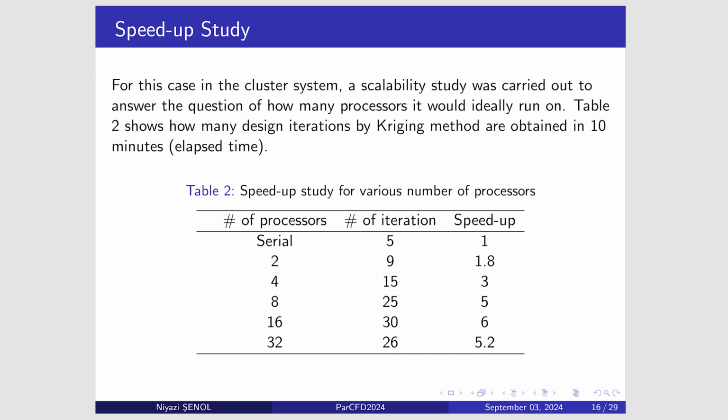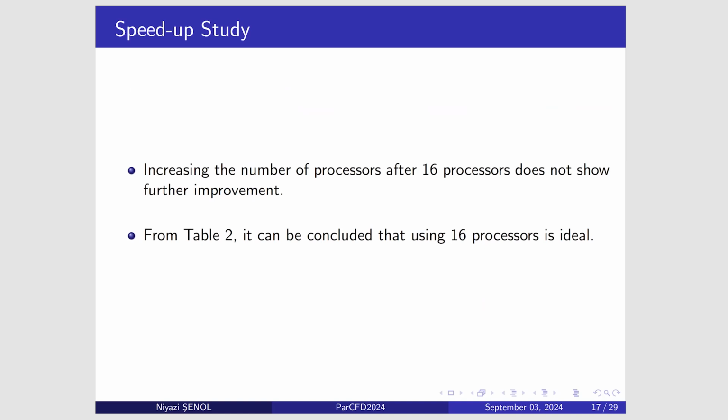We tried different processor numbers and compared the number of iterations. For the speed up, we selected 16 processors because the speed up is high there. So after that, all studies are with 16 processors.